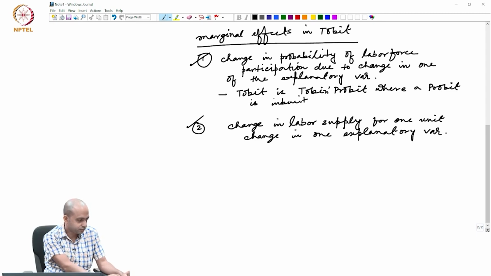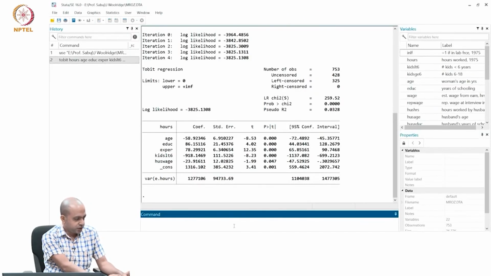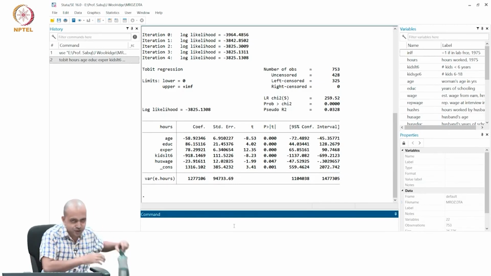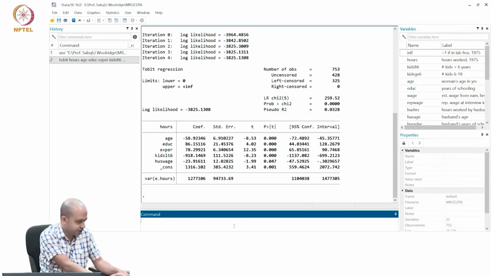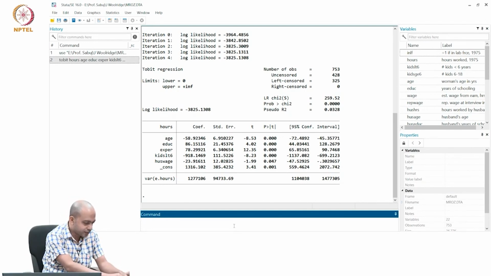Now, let us see. Once you estimate the Tobit model, two types of marginal effect, as we said, we can get, and for that two specific commands are required, and the command is this: MFX compute, predict, PR.